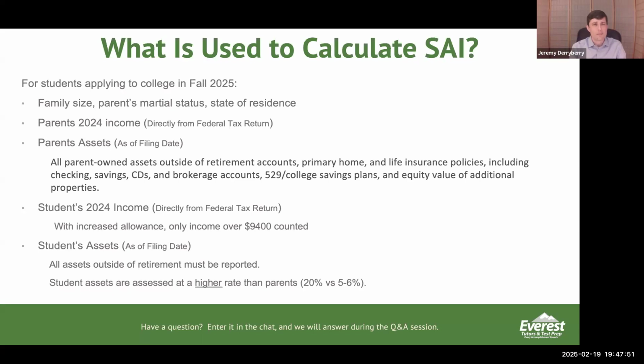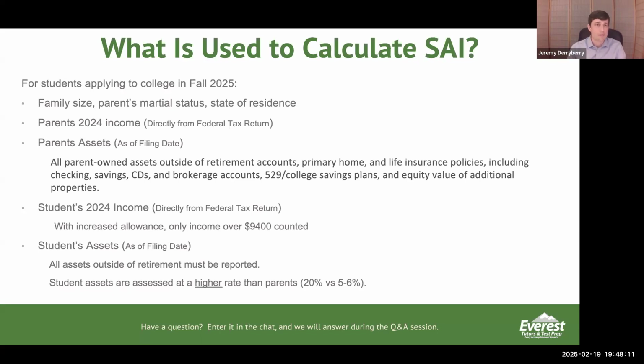One thing that I think is important for parents to know is when they try to decide where to allocate money, as far as where they have savings and things like that, student assets are counted at a 20% rate versus parents' assets, which are counted at a 5% rate.